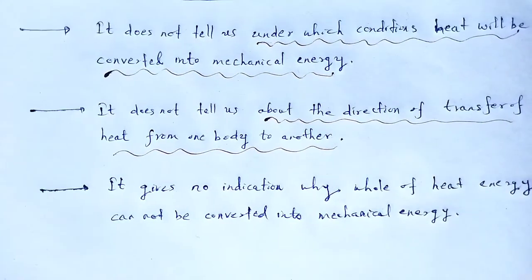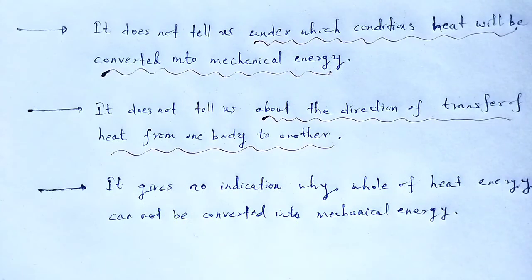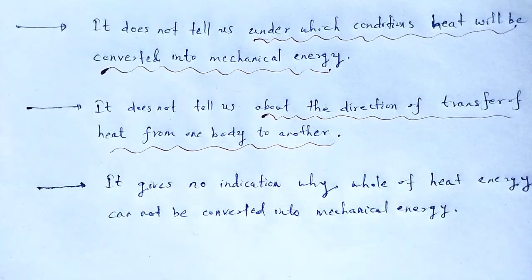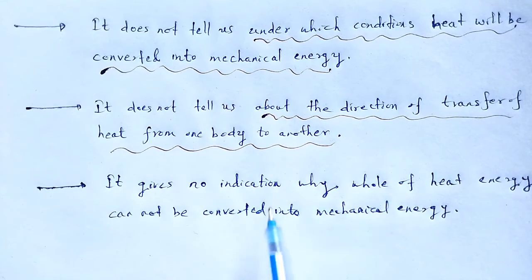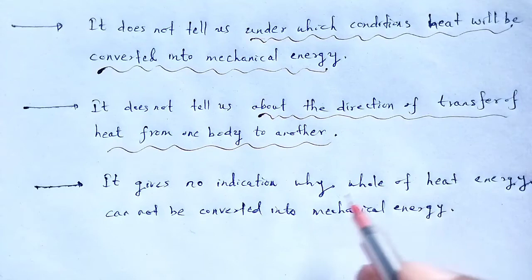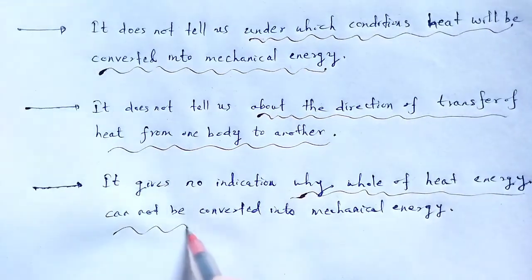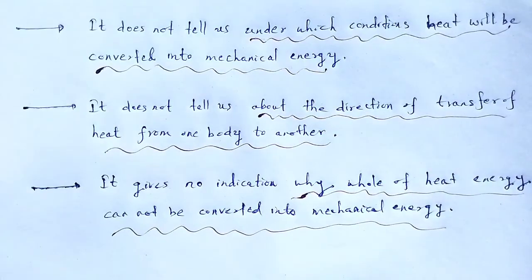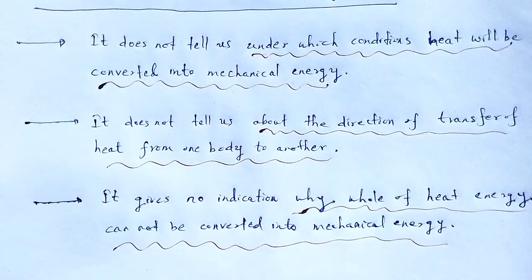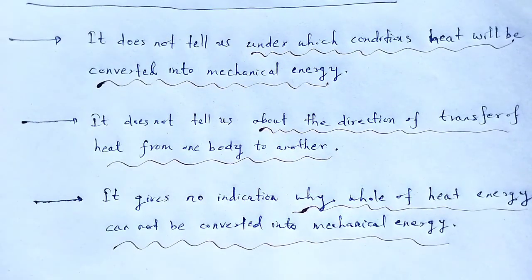We know dQ is equal to dU plus dW, meaning some amount of heat is used to change the internal energy. That means almost all the heat can't change to mechanical energy. It does not give the indication why the whole of heat energy can't be converted into mechanical energy. These three are the drawbacks, or we can say the limitations, of the first law of thermodynamics.